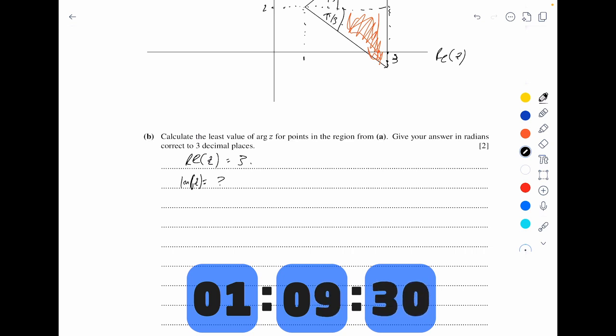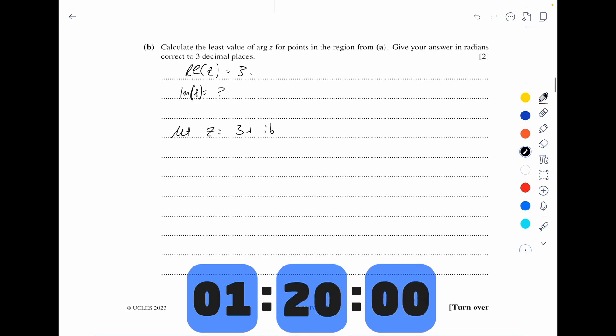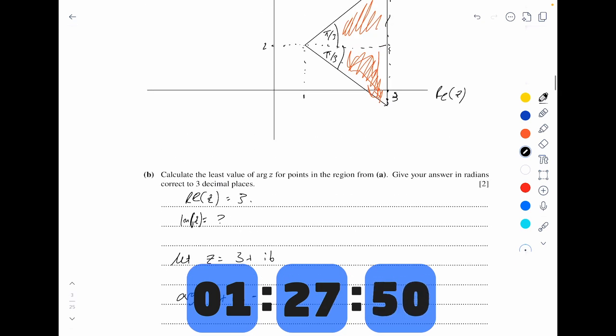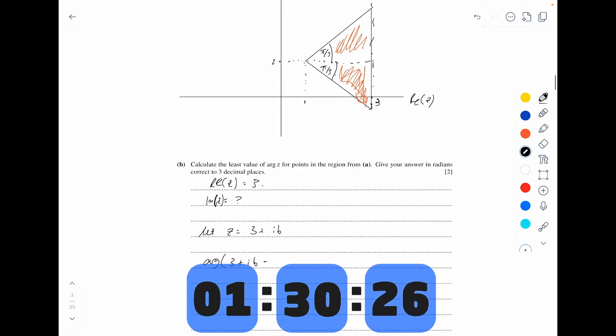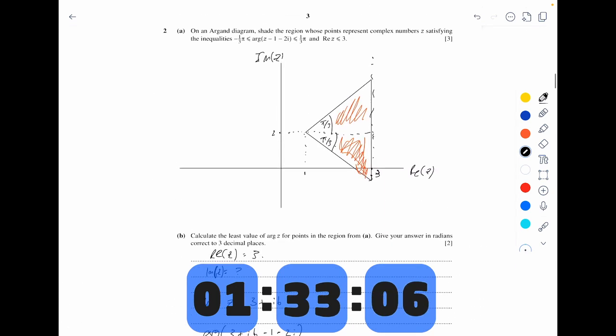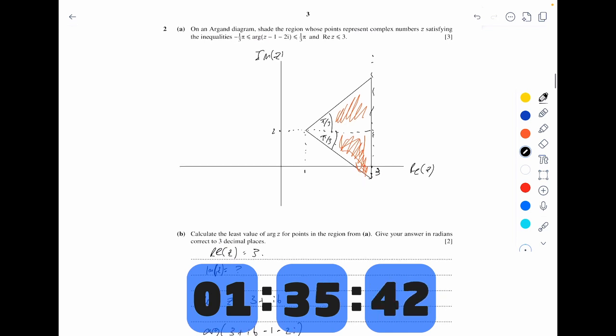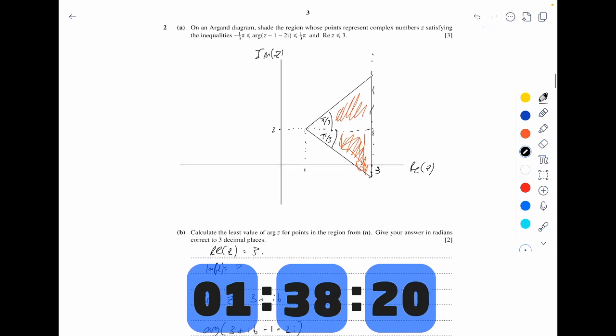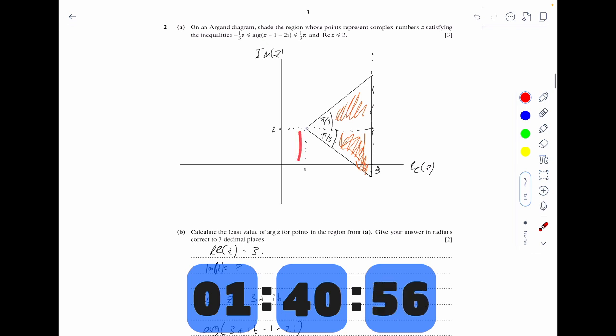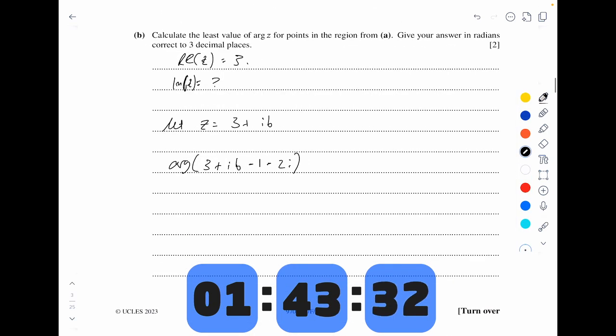Im z in this instance. So what I'm going to say is let z equal 3 plus ib, because we don't know what the imaginary value is yet. So we can say that arg of 3 plus ib minus 1 minus 2i, because we're accounting for the 1 plus 2i section here, is going to equal negative pi over 3.